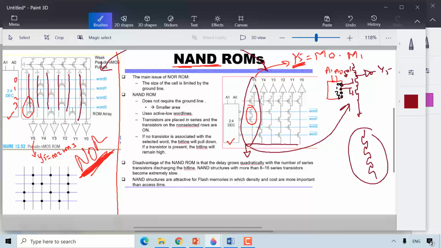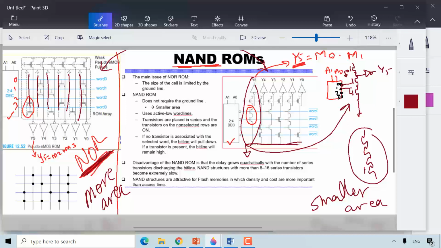What does that mean? Using ground lines in the NOR implementation requires more area, but using the NAND gate uses one common ground that saves lots of cell area. So this is smaller area, but at the expense of more delay.